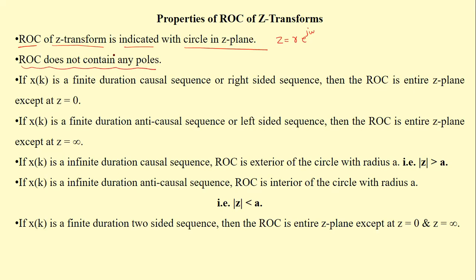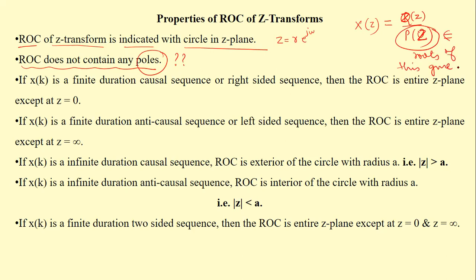ROC does not contain any pole. Now what does it mean? For example, we have a transfer function X(z) is equal to Q(z) upon P(z), for example. Anything you can take, it doesn't matter. Now the roots of P(z) give poles.